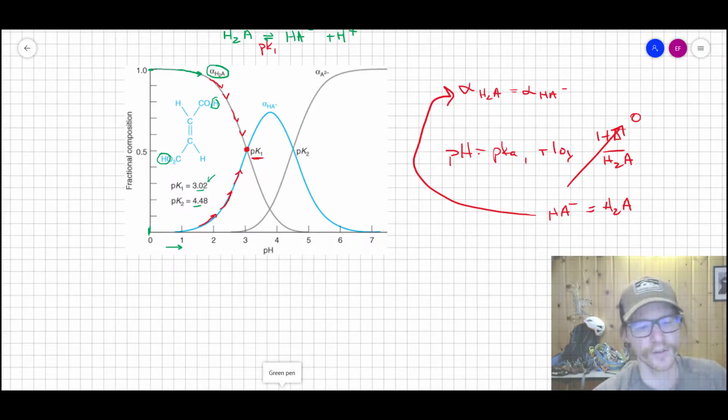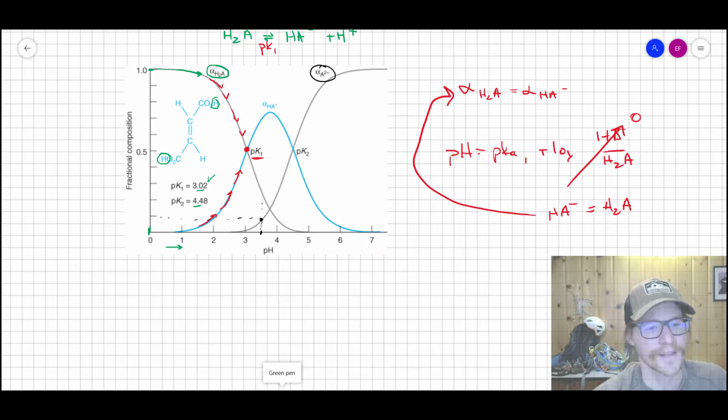It's really convenient too, because you could just go in here and say, hey, how much of each of those species do I have at pH 3.5? So I go to 3.5 right here, I move up in space, and then I hit that point. That tells me that this fraction, I don't know what these units are, this is 0.1, that roughly 10% of all of the H2A is now in A2 minus form.